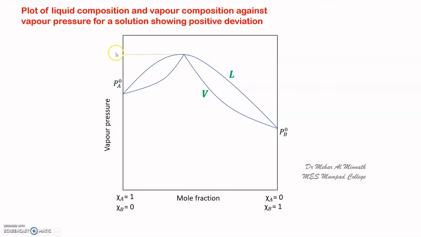So there is a pressure at which the composition of the liquid phase and the vapor phase is the same, and you can see that pressure is greater than the vapor pressure of the individual pure components. So this composition, wherein the vapor phase and the liquid phase have the same composition and the pressure is greater than the pressure of the individual components, that mixture is called an azeotropic mixture.